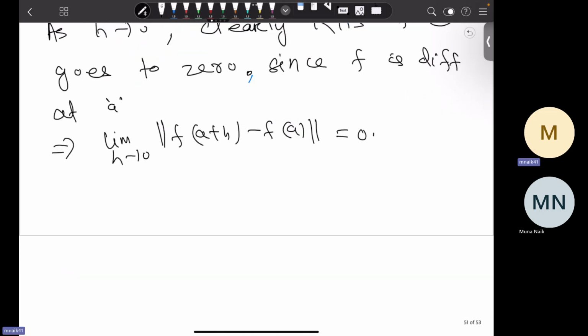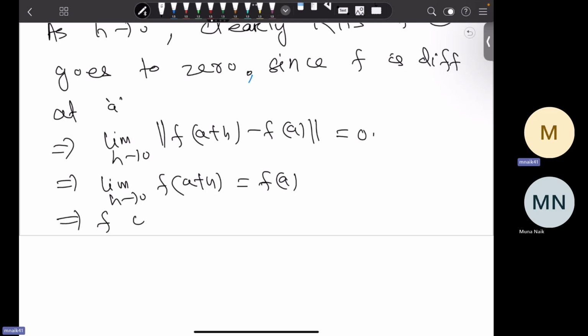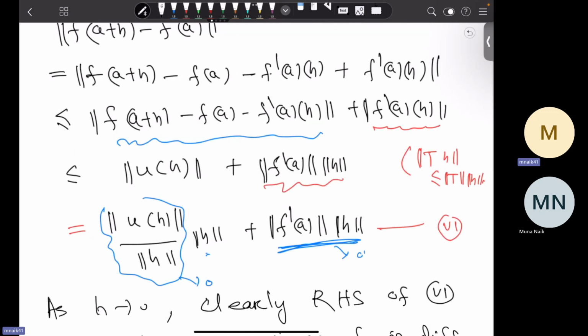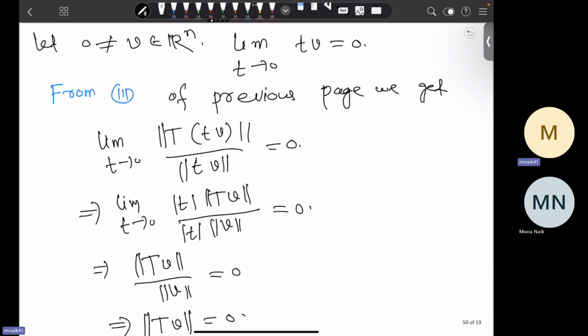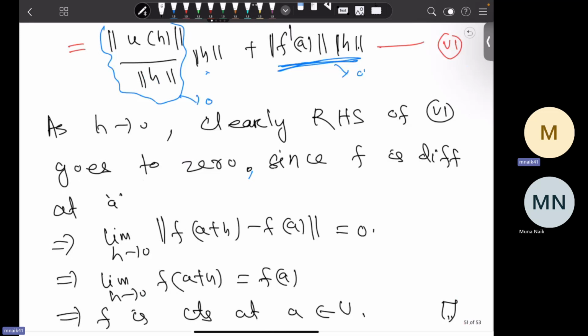So that means the limit as h tends to 0 of f(a+h) is really f(a). This implies that f is continuous at a. So this finishes the proof of the fact that if f is differentiable at a, then f is continuous at a.